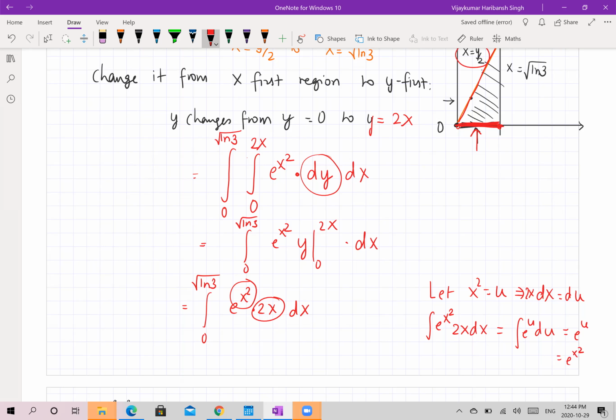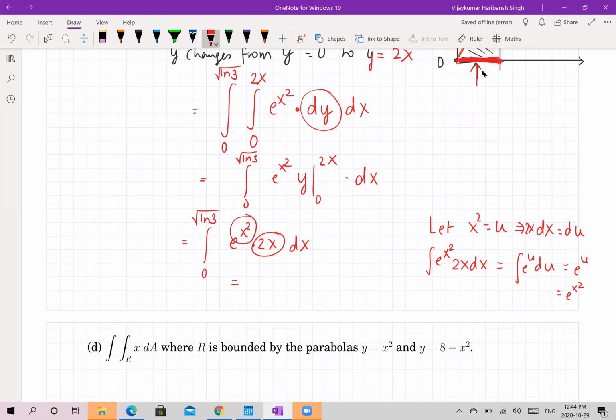So this integral becomes e to the power x squared, with limits 0 to square root of ln 3. So this is e to the power of square root of ln 3 squared, minus e to the power 0, which is 3 minus 1, which is 2.